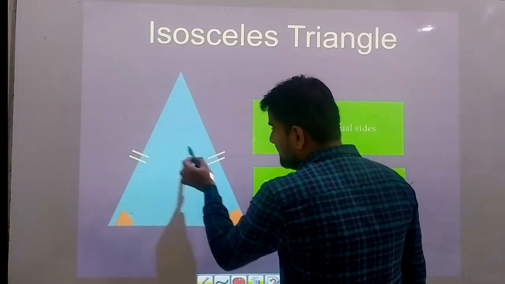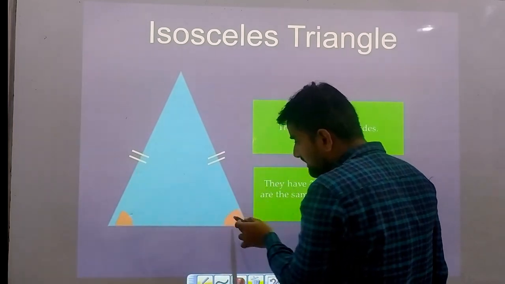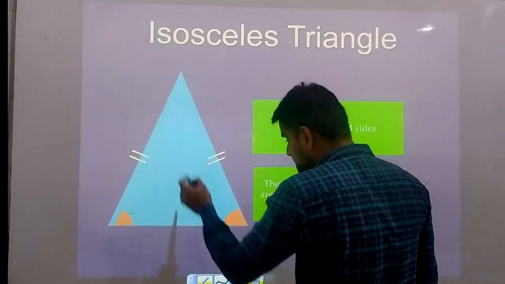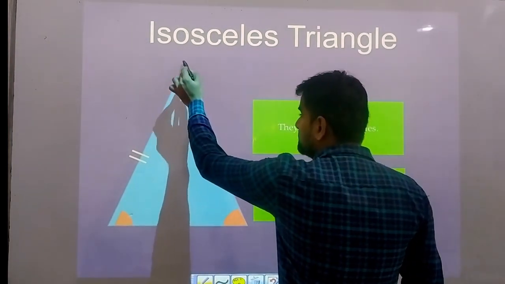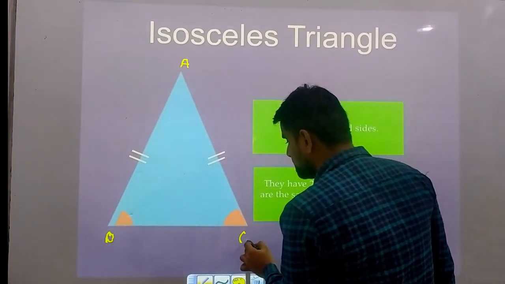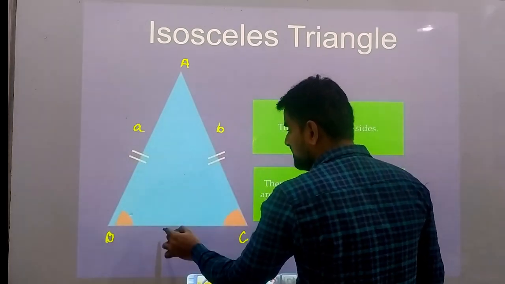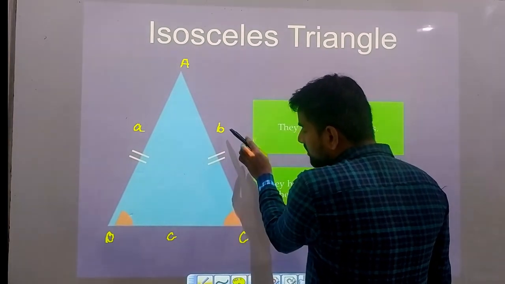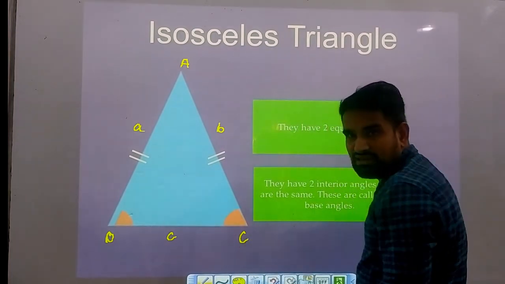Alright, so if this side is equal to this side, then I can say that the opposite angle to this side is this, and the opposite angle of this side is this, right? So if I name these vertices capital A, capital B, and capital C, and this side be a, this side be b, and this side be c, then I can say that the opposite angle to small b is capital B, the opposite angle to small a is capital C, right?